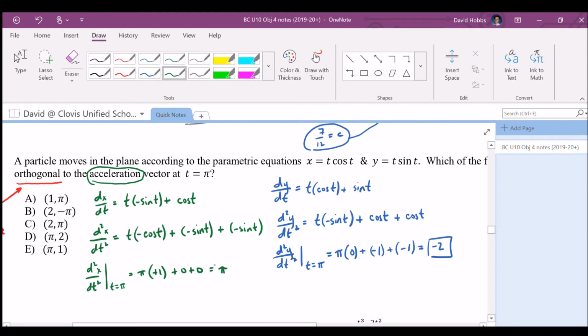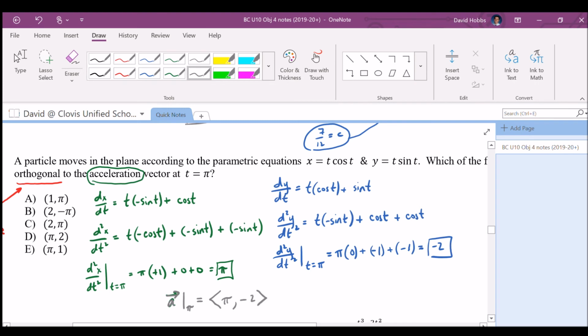Okay, so my acceleration vector at pi is pi, comma, -2, but that's not what they're asking for.